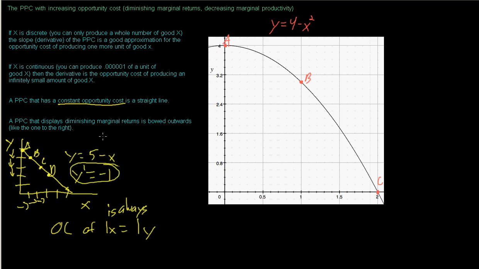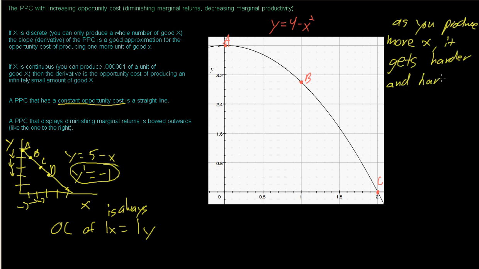Well, it is a situation where as you produce more x, it gets harder and harder and harder to continue to produce more x.